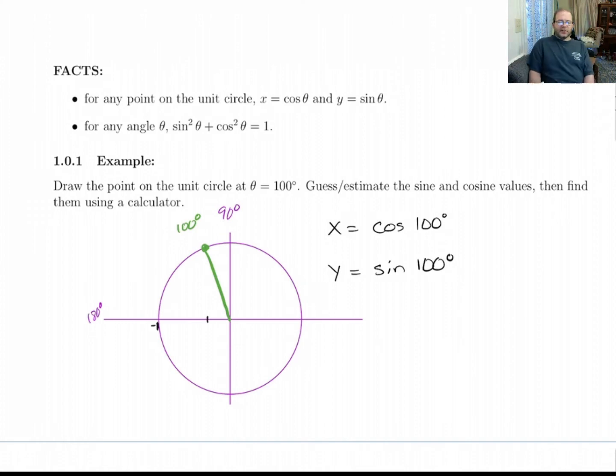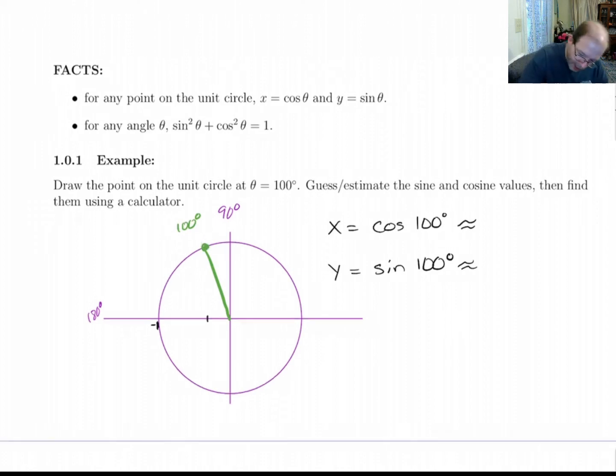And the part about guess or estimate, well, this might be easier if I had it on a piece of graph paper or something. So the x-coordinate, I don't know exactly what it is, but at this point it is definitely negative.